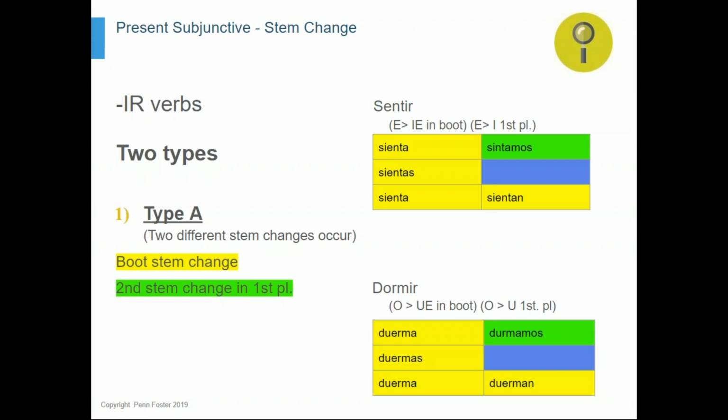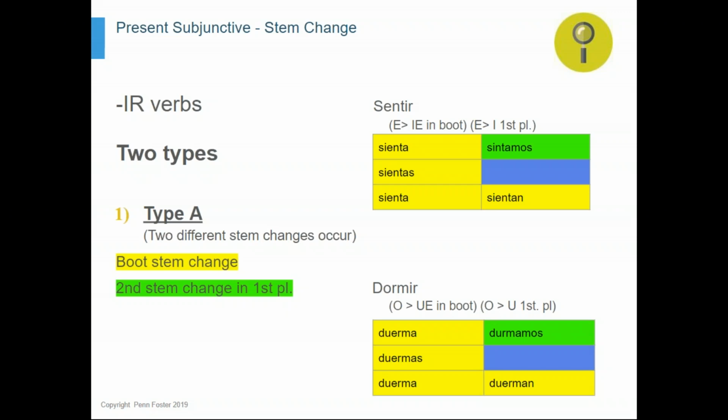And the same trend applies to both of these groups, E to IE/I and O to UE/U. As you can tell in dormir, you have your first stem change, O to UE, in the boot, shown in yellow again, and then remove the E, just an O to U stem change in first person plural in green.